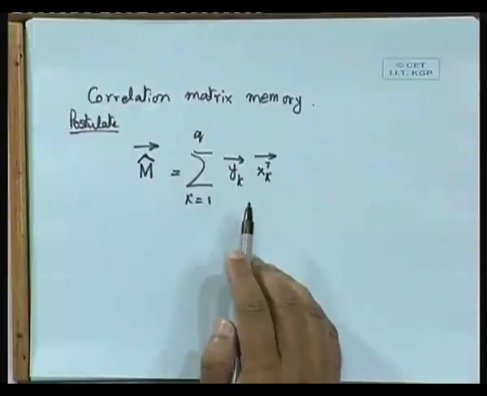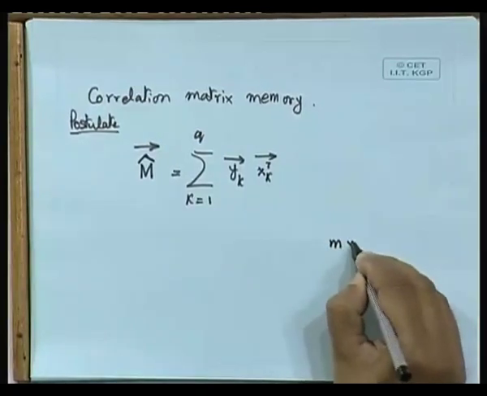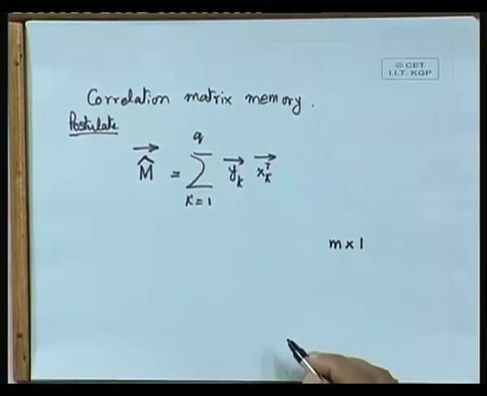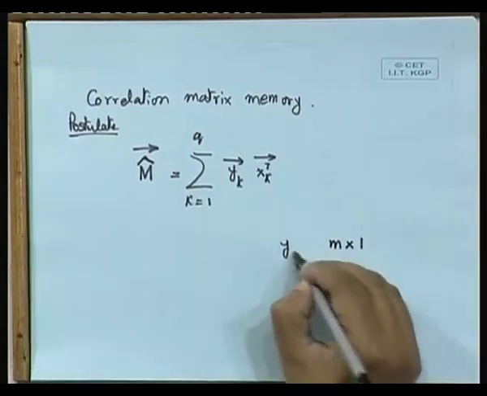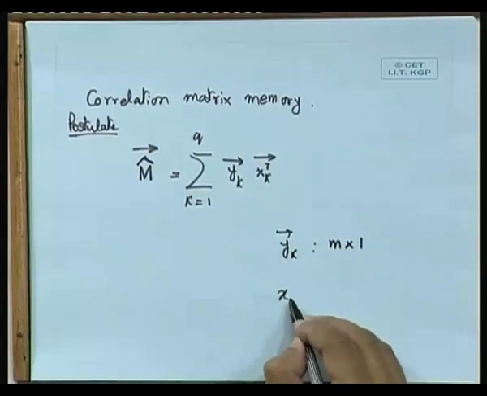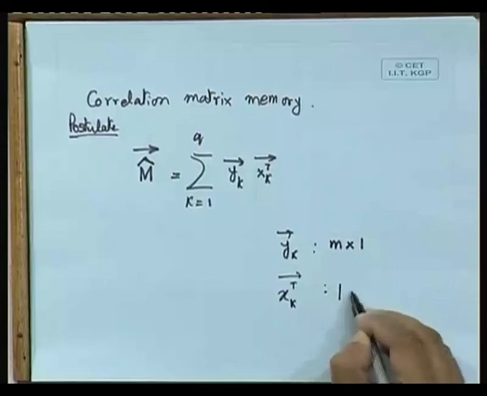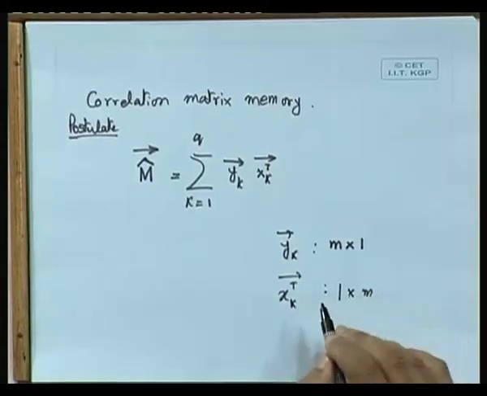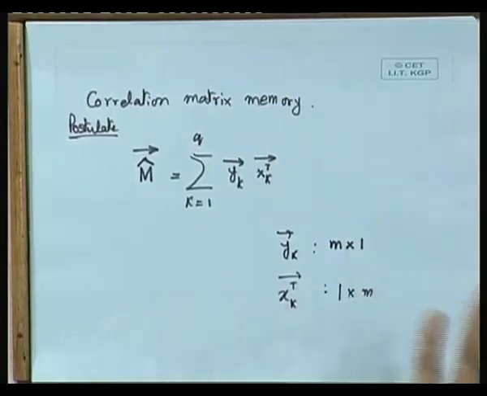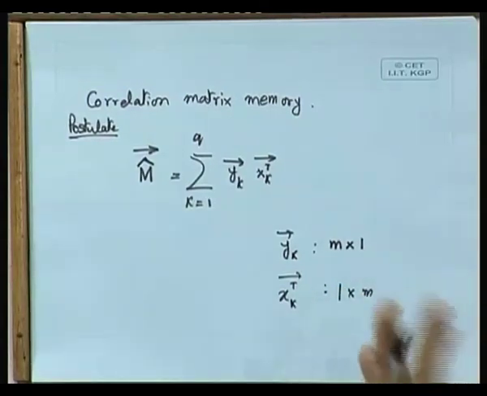Outer product. You see, this yk vector is an m by 1 vector, and then we are considering xk transpose vector, which is a 1 by m vector, and we are taking the outer product of these two, and summing it up for all the patterns k equal to 1 to q.